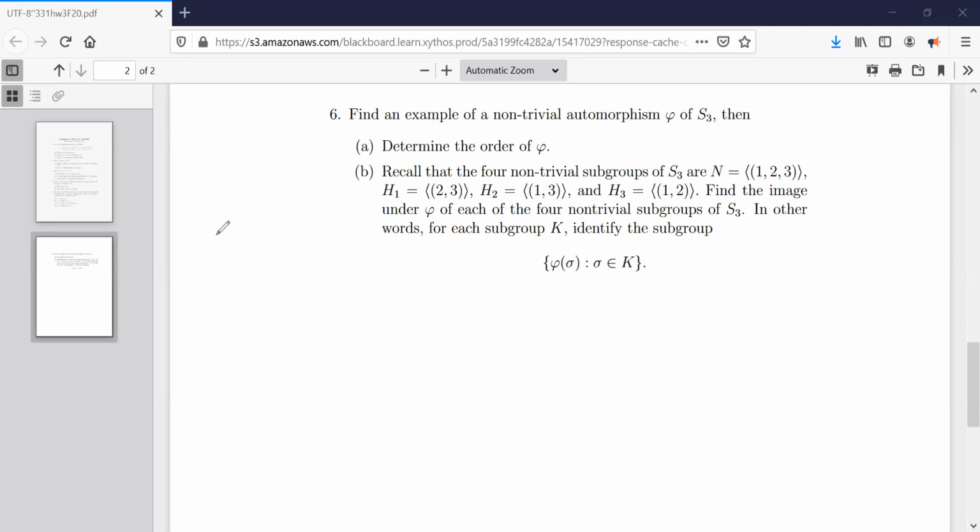So this is basically just asking how many different ways there are for me to permute S3, right? So I'll get an automorphism if I just switch 1 and 2. If I switch 1 and 3, if I switch 2 and 3, if 1 goes to 2, goes to 3, if 1 goes to 3, goes to 2, and then both of these guys loop back.